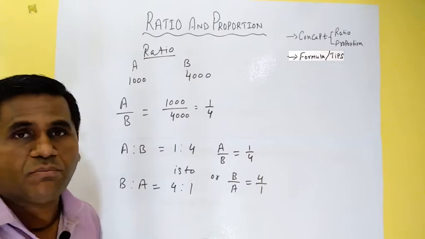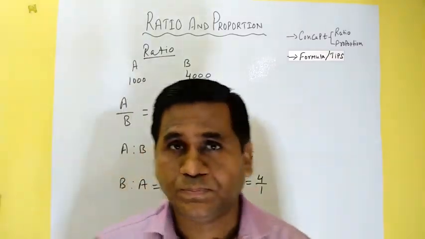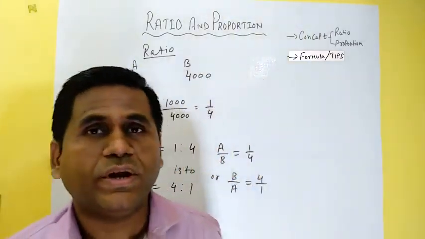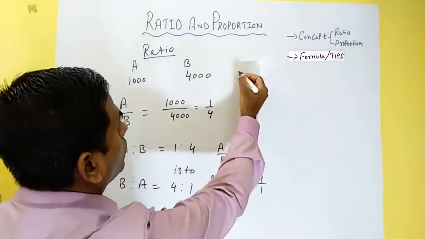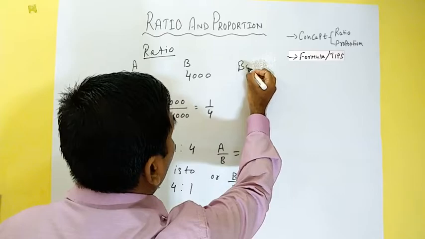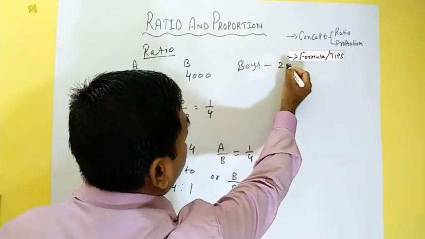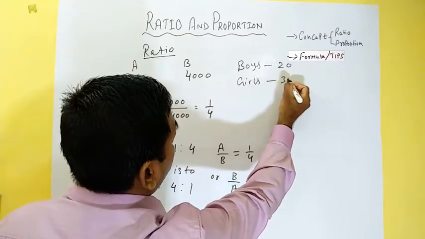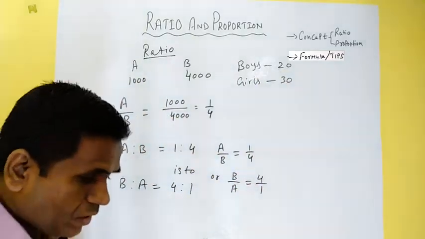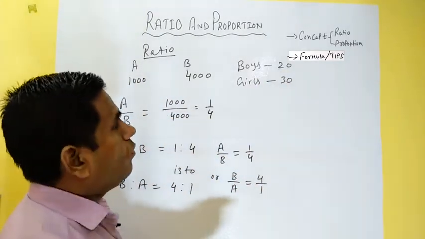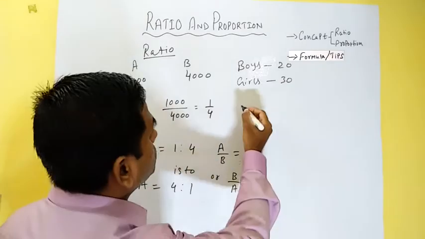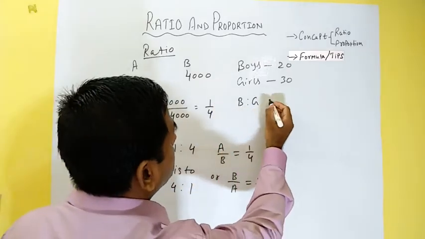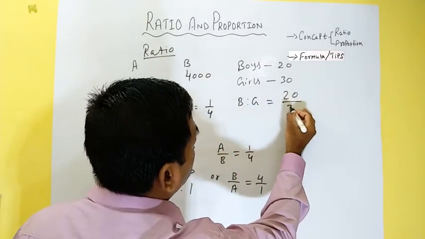Let's take another example. Suppose in a class there are 20 boys and 30 girls. Boys 20, girls 30. Now if we ask you what is the ratio of boys to girls, so B is to G if I write, we can say ratio is equal to 20 upon 30.